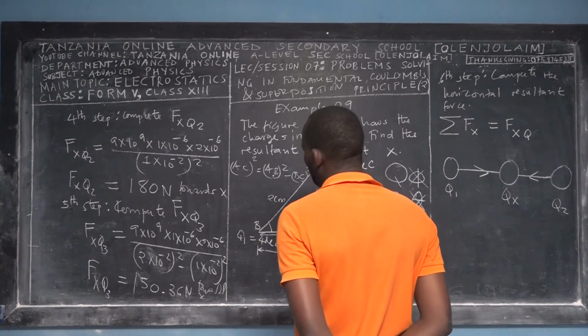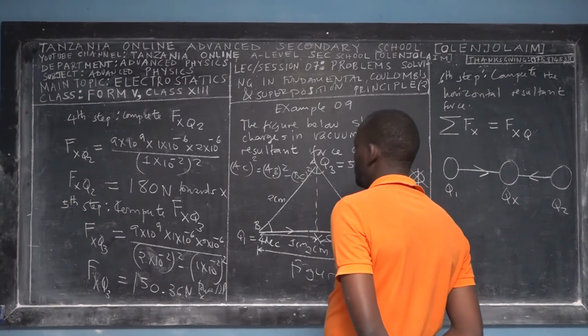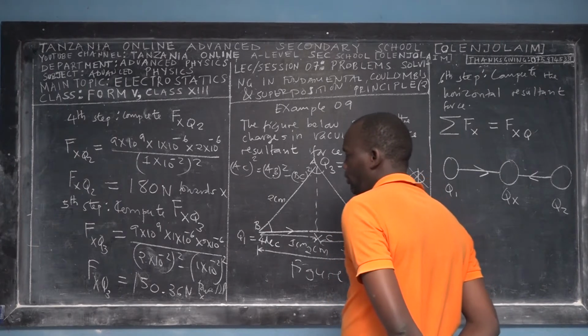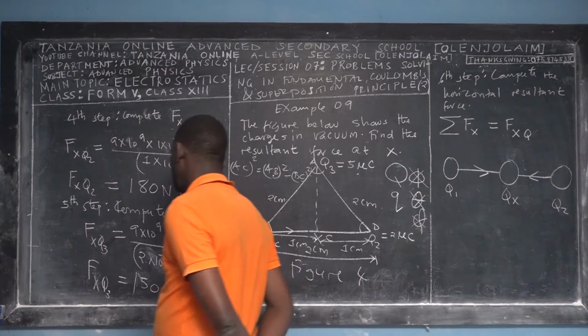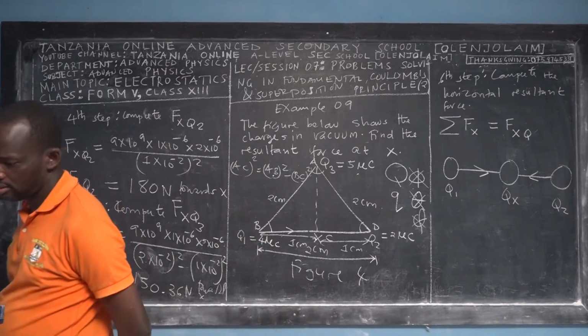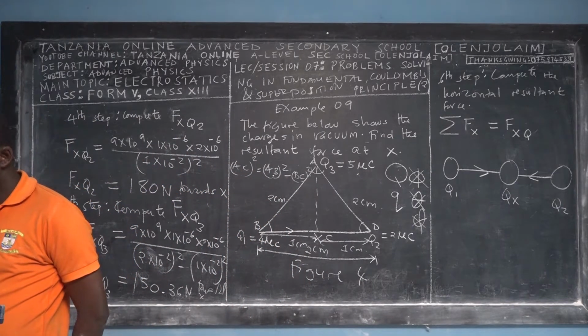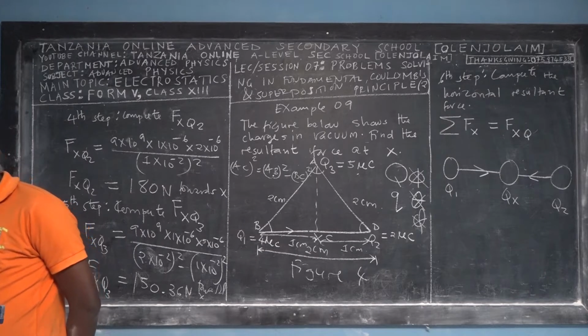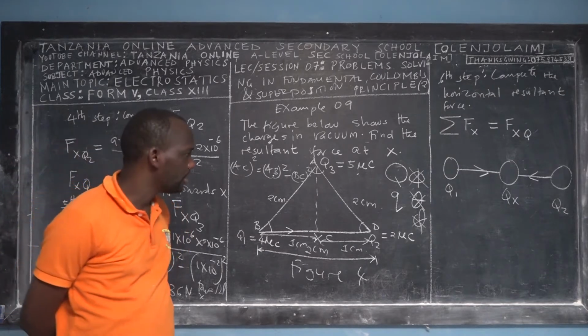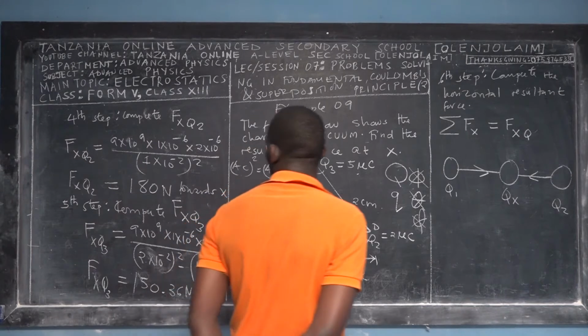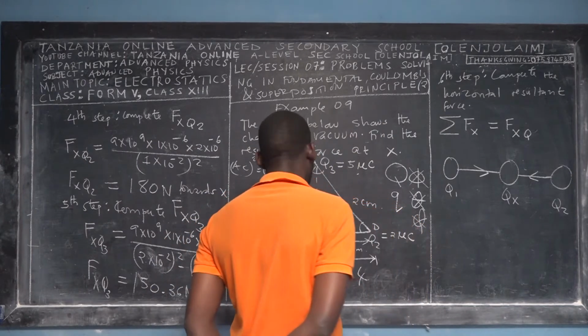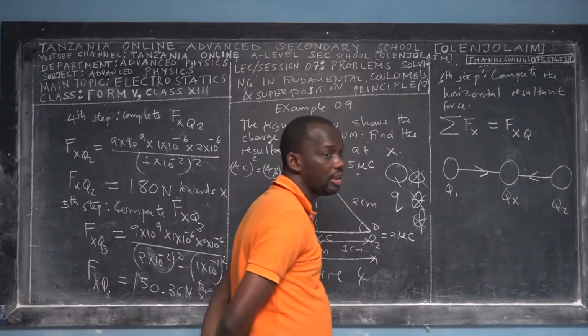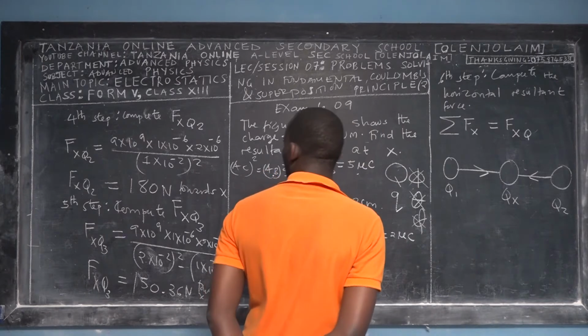Due to Q2 or due to Q1? I'm asking, what did you get for Q1? 360. 360. And what do you get for Q2? 180, right? So Q2, 180.